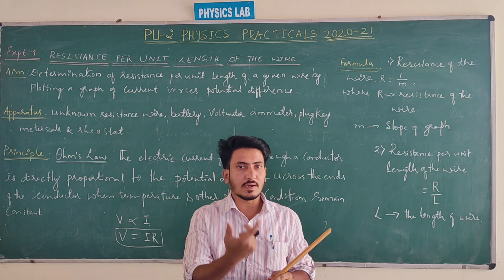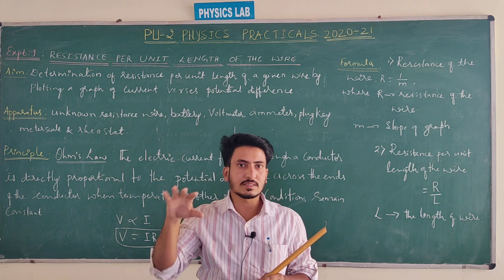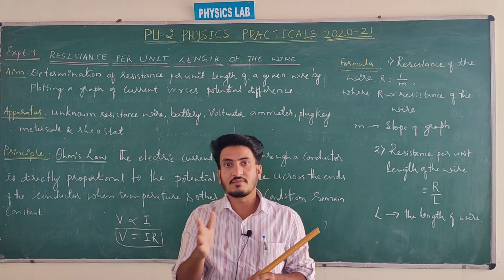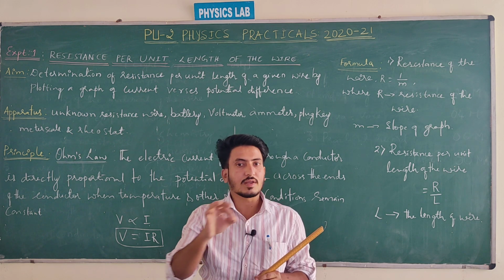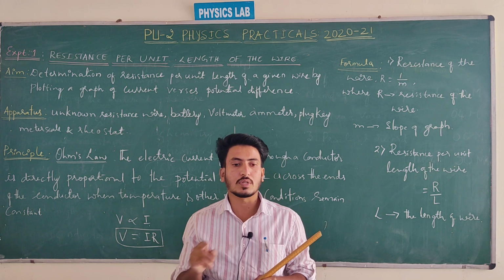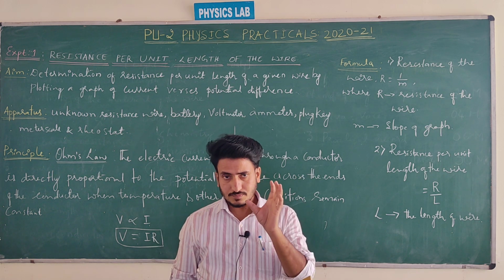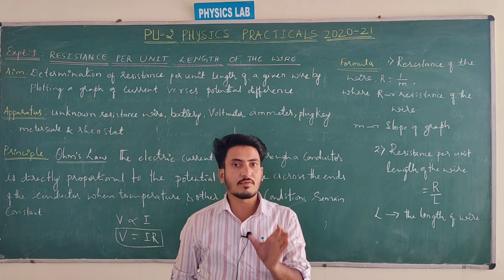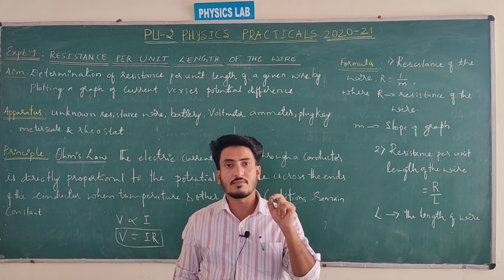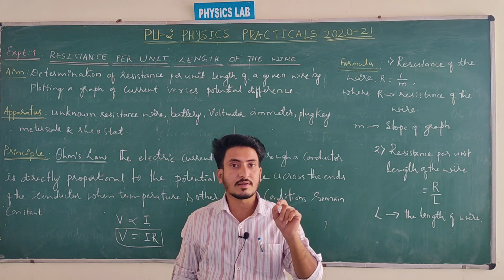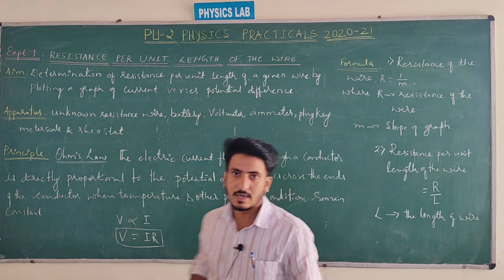Suppose I choose any conductor in which current is flowing, and I maintain the surrounding temperature and other physical conditions of that wire constant, then the current flowing in the wire is directly proportional to the potential difference across the ends of the conductor. So this is what Ohm's law is. Ohm's law will work only if you maintain the temperature and other physical conditions of that conductor constant. Okay. So here let us start this.